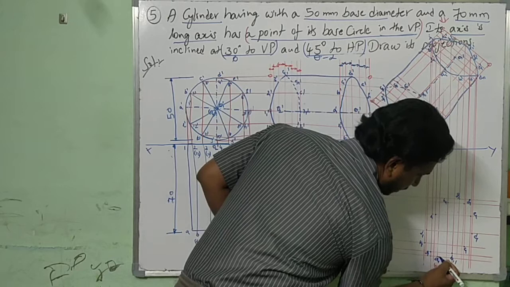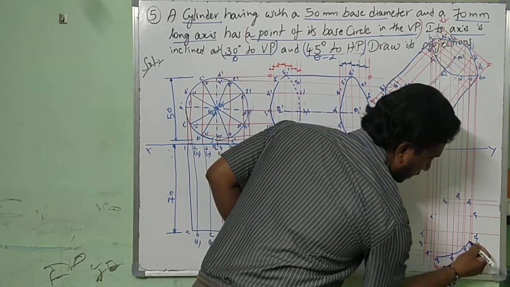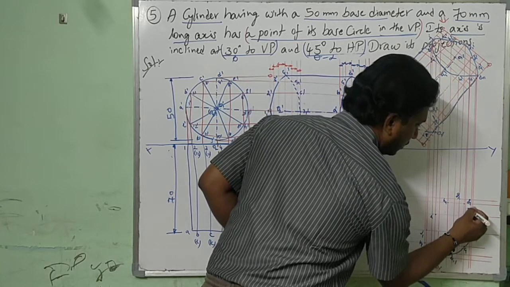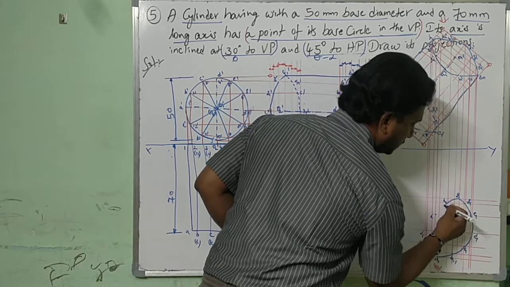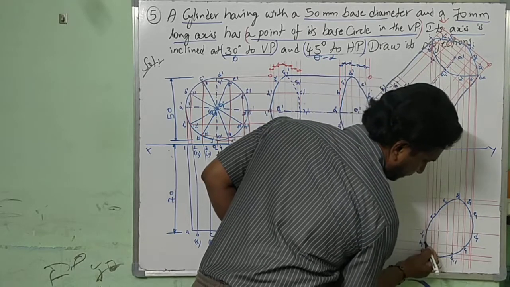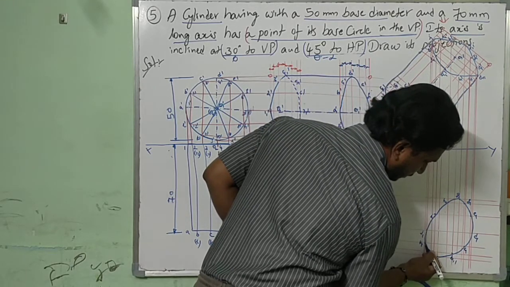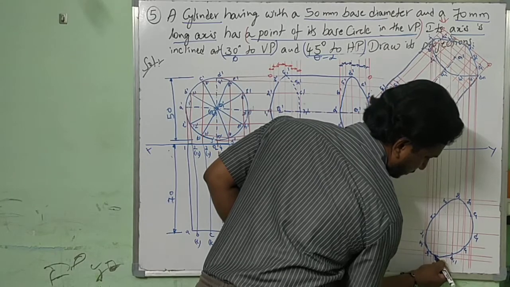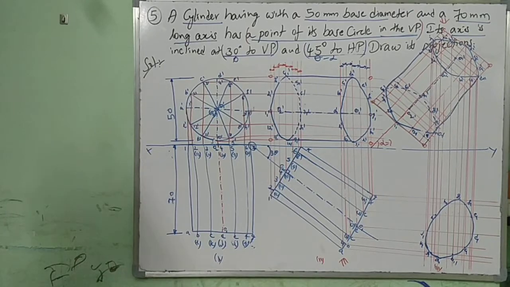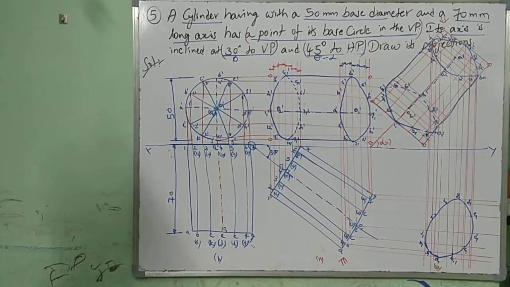Thick border A, B, C, D, E, F, G, H, I, J, K, L. I've done some base which is thick, right?